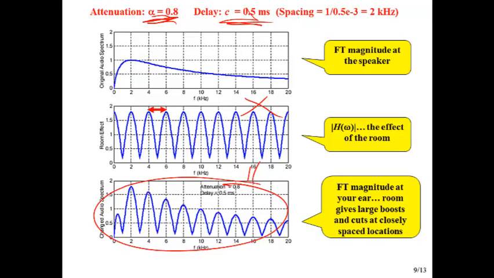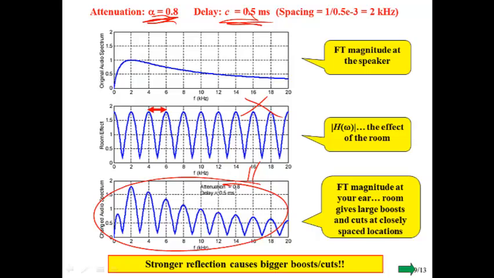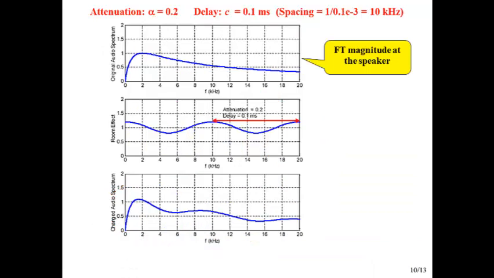But the beauty of this is it tells us what matters and why it matters, and what effect changing different quantities will have. Without this theory, we would just be blindly searching in the dark for how this works and what we need to do and what effects things will have. So the thing that we're seeing here is that a stronger reflection causes more degradation because of larger boosts and cuts.